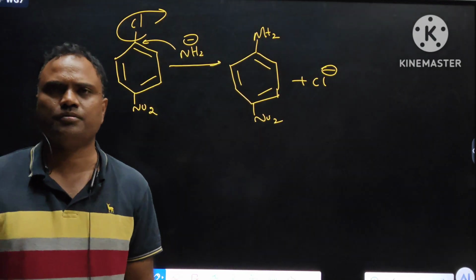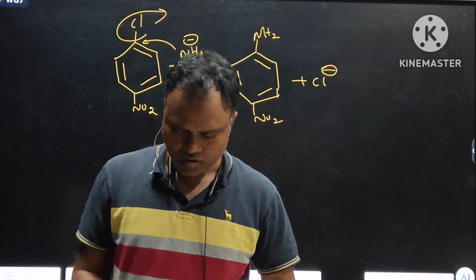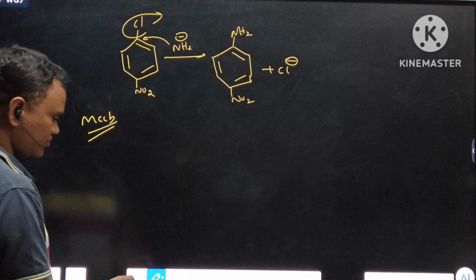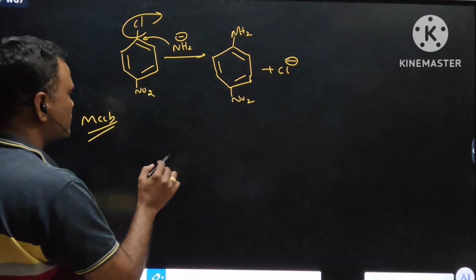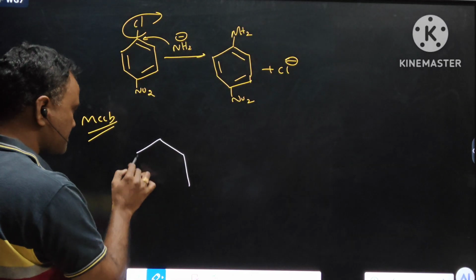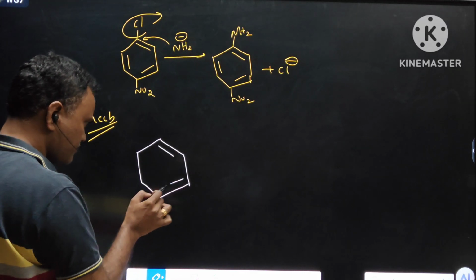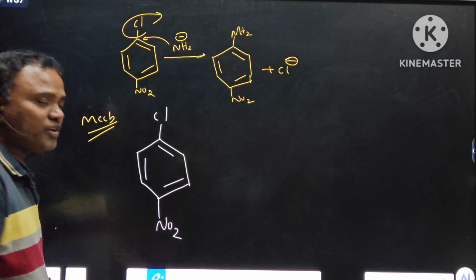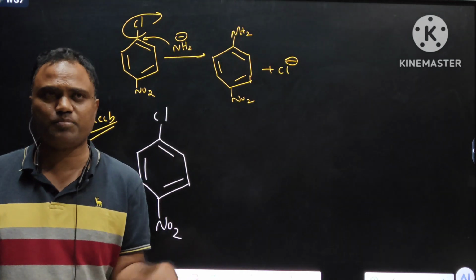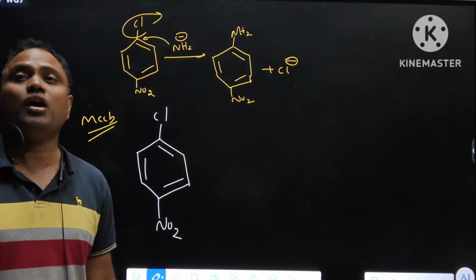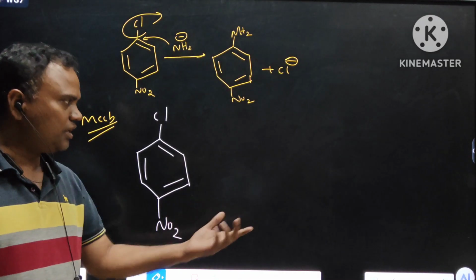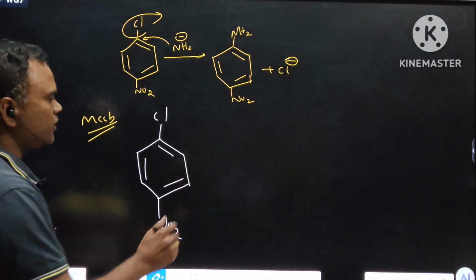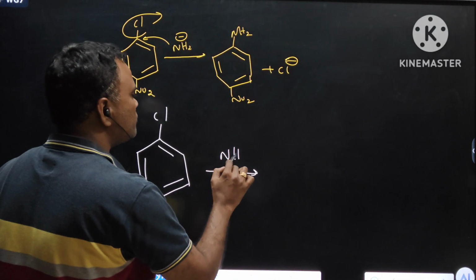Right. Let us see the mechanism. And we know the role of NO2 also. I gave one statement: presence of minus M in para position or ortho position. Why? With the help of the mechanism, we can know about that statement. Right? Okay. NH2 negative is a nucleophile.